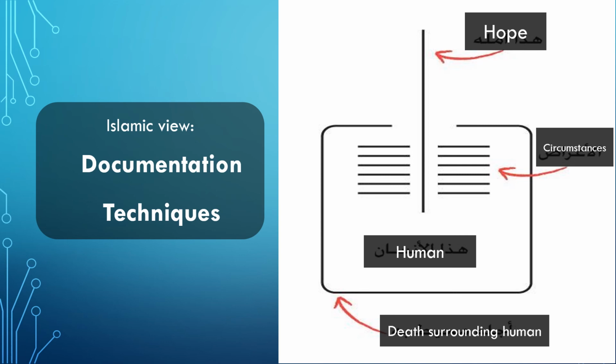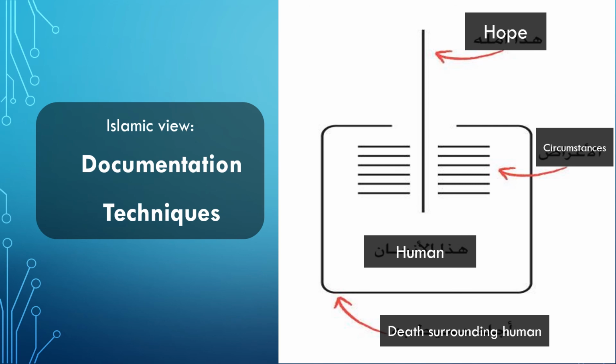He put other lines and said these are the circumstances, the things that happen every day, and he said this line is the hope, and the square is the death surrounding the human. It represents that humans normally have long hopes, even longer than his or her life.